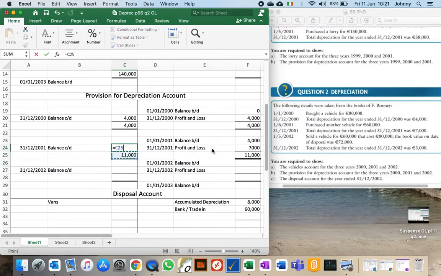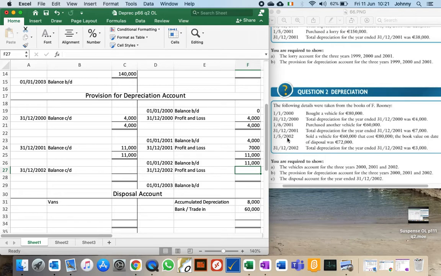So we have 11,000 of a balance. That 11,000 represents all of the depreciation written off on all vehicles over all of the years up to the end of 2001, which becomes the balance that we start off 2002 with.